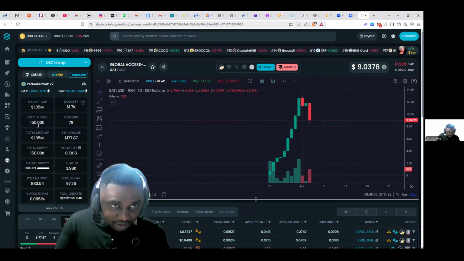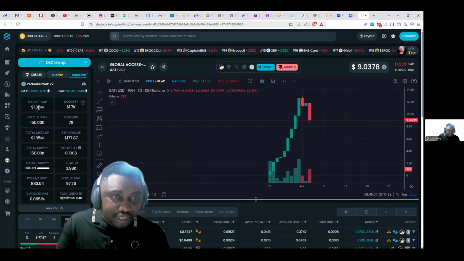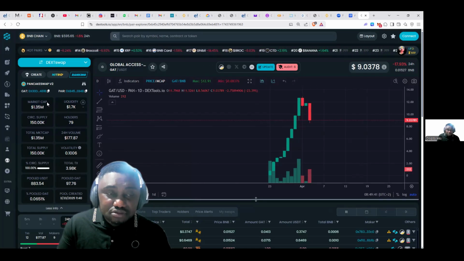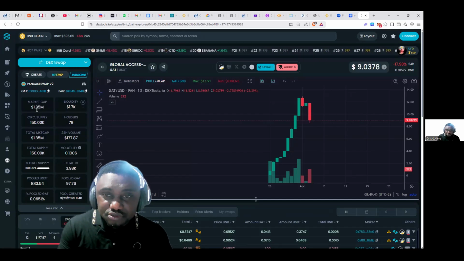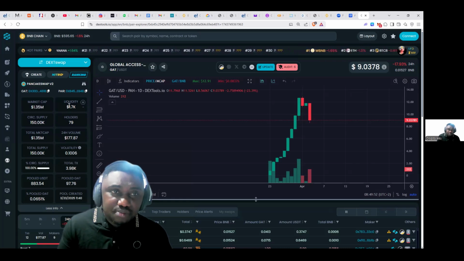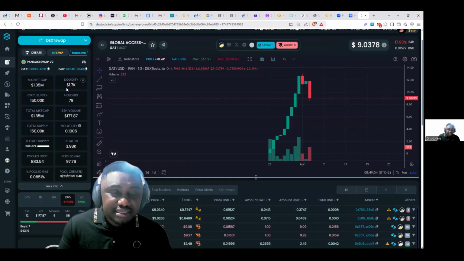Now, the market cap currently is $1.35 million. The market capitalization is the dollar volume, the buy and sell volume, the entire worth of this project in terms of buy and sell that has happened on this particular token, which is $1.37 million. Now, what about the liquidity? The liquidity here is about $1,700.